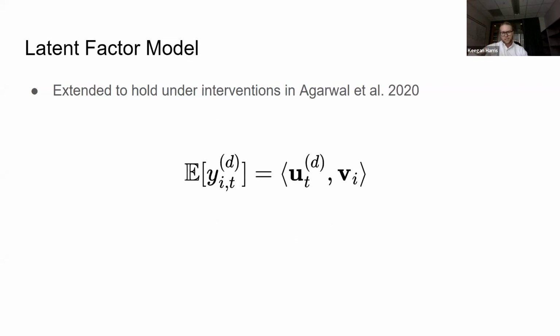So what we'll use is an extension of this, first proposed in Agarwal et al., which basically extends this model to hold under interventions as well. So now the outcome you observe for some unit i at time t under intervention d is a noisy snapshot of the inner product between a latent factor which depends only on the unit and a latent factor which only depends on the time and the intervention.